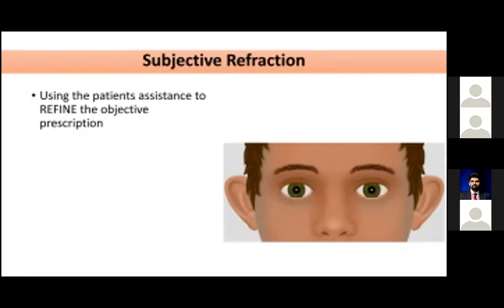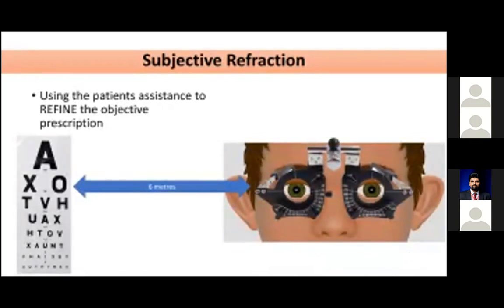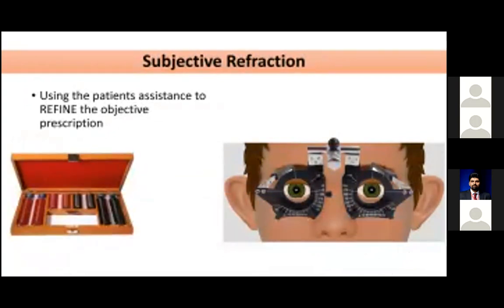We have the patient sitting comfortably in our OPD, and we give the trial frame to the patient, and we make the patient look at a Snellen's acuity chart at 6 meter distance. We have our trial set ready to put in the lenses, and we have a prescription ready, which we have inferred from objective refraction. Here is an example for the right eye: minus 1 diopter sphere with minus 0.5 diopter cylinder at 90 degrees. So how do we now go ahead with the subjective refraction?